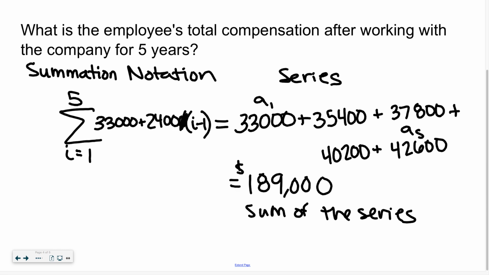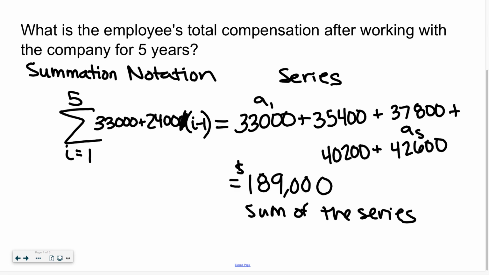Tomorrow, if the series is an arithmetic series, meaning the terms in the series differ by the same amount every time, there's a shortcut. And by shortcut, I mean I don't have to find all 5 terms and add them up.